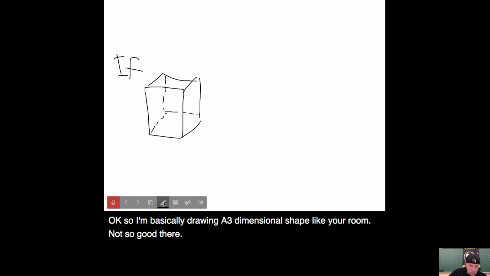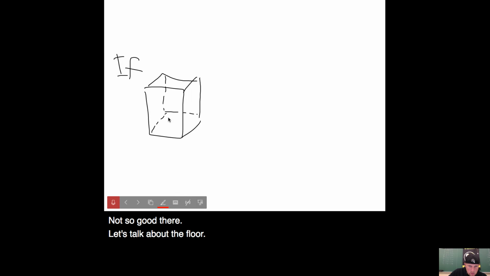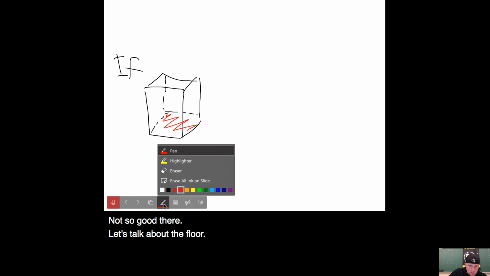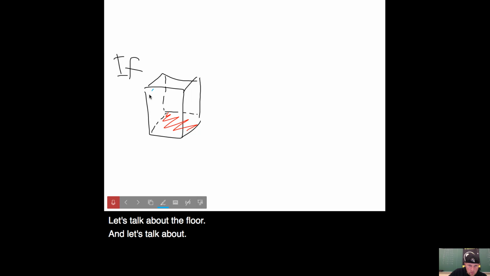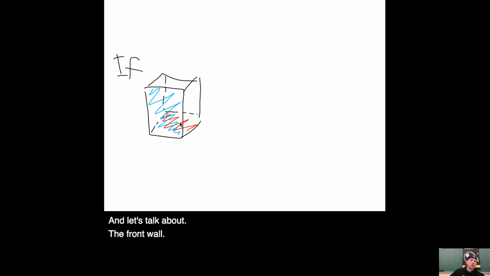Let's talk about the floor. And let's talk about the front wall. Does the floor touch that front wall? It does. They intersect.